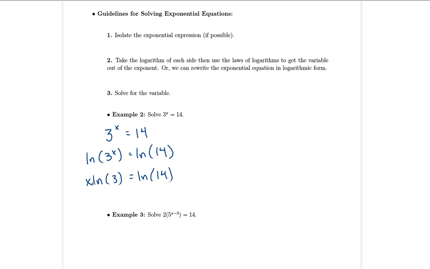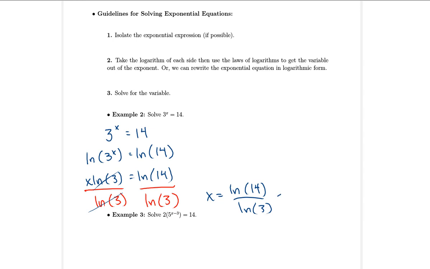And the thing you've got to remember here, and I didn't really do a good job of stating this on the last page, is that the natural log of 3 is just a number, right? It looks kind of scary because you've got this L and N there, but the natural log of 3, that entire thing is literally just a number. And so if you have an x times a number, you definitely want to divide by it to get the x by itself. So that gives us x equals the natural log of 14 divided by the natural log of 3.